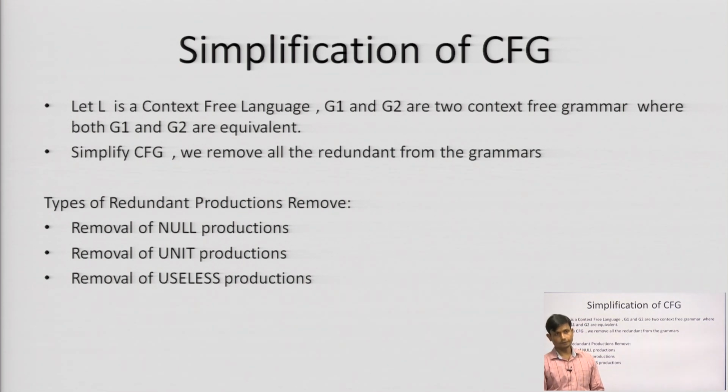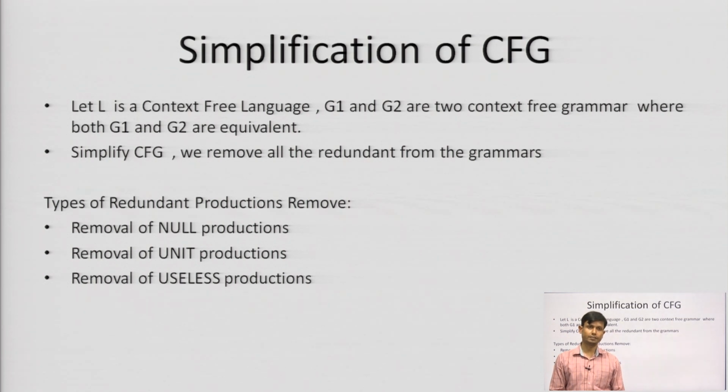Here we already know about Chomsky normal form and Greibach normal form. There is a conversion from context free grammar to Chomsky normal form, and from context free grammar to Greibach normal form, and that comes after this.